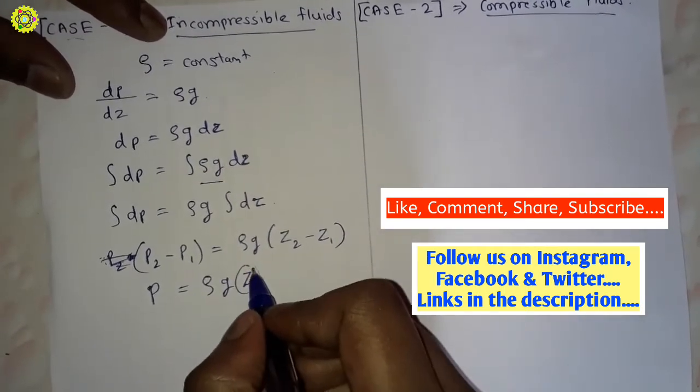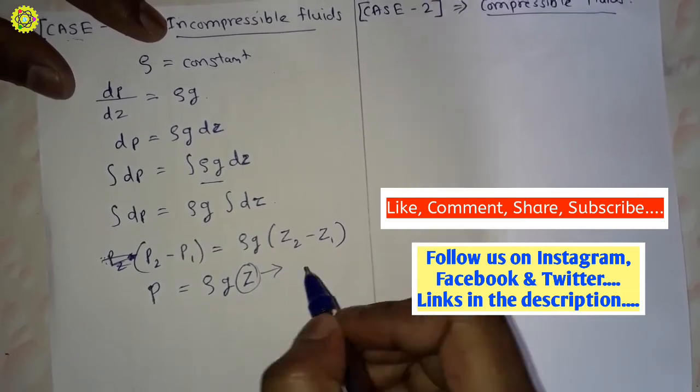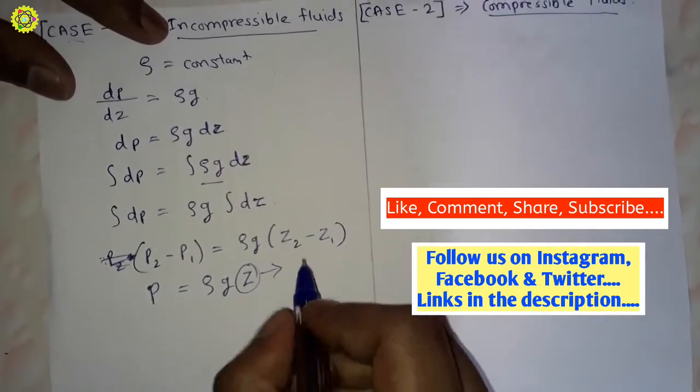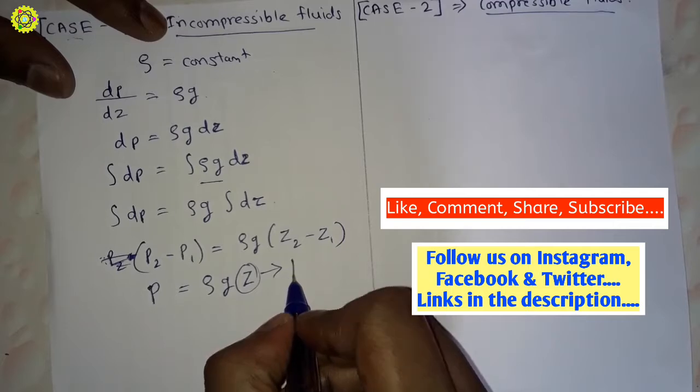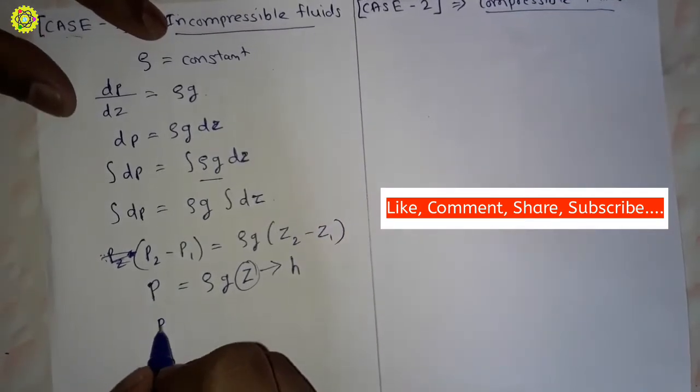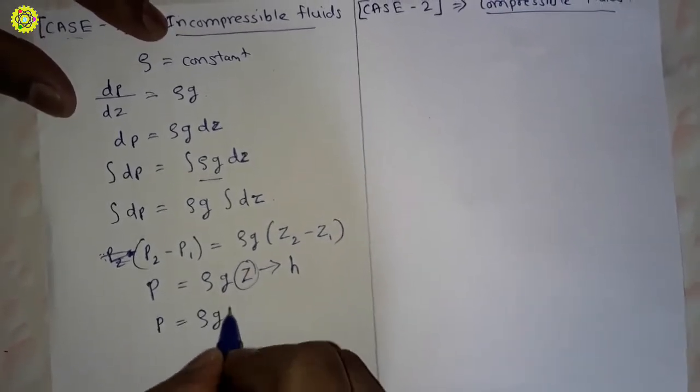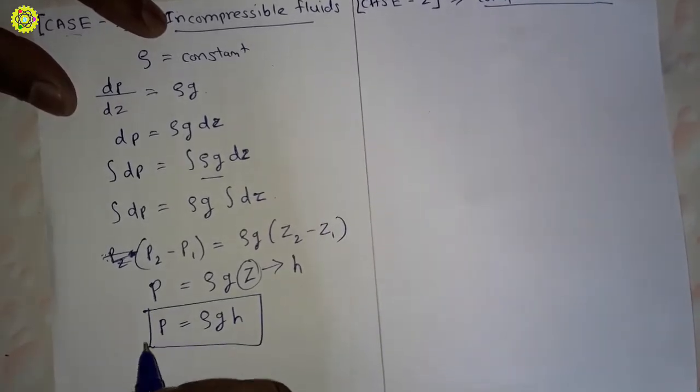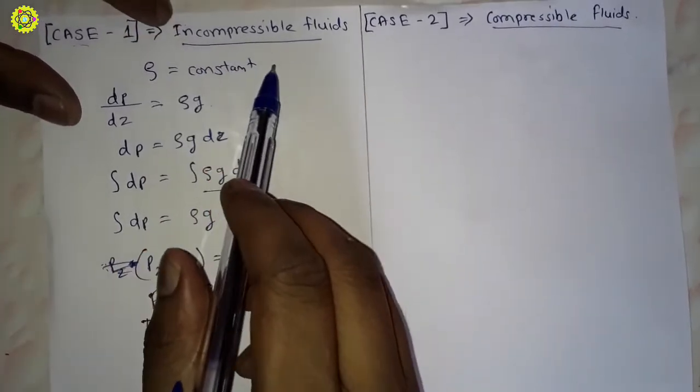Z is a height, so we will name it h. So p is equal to rho g h. This is for incompressible fluids.